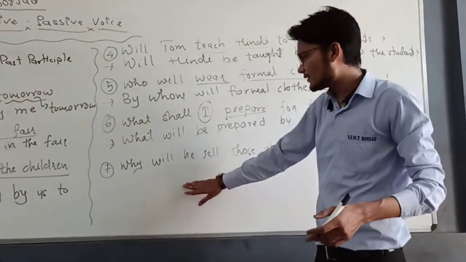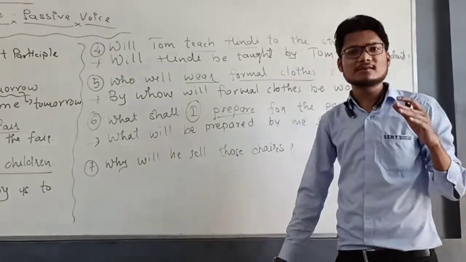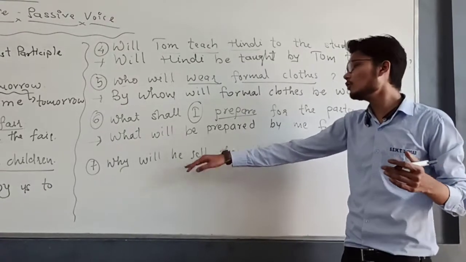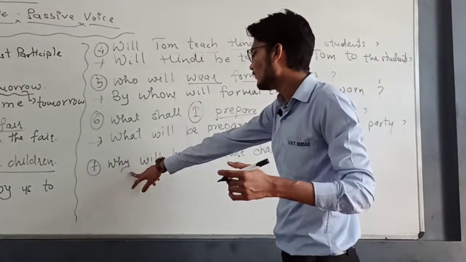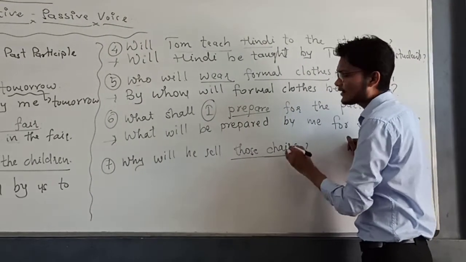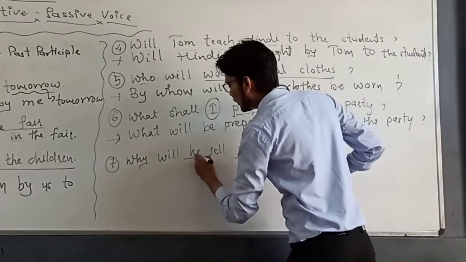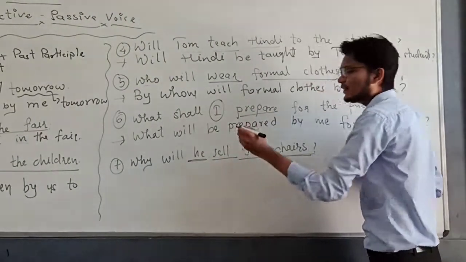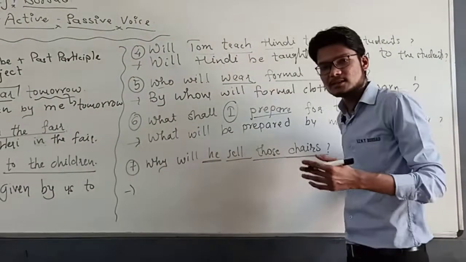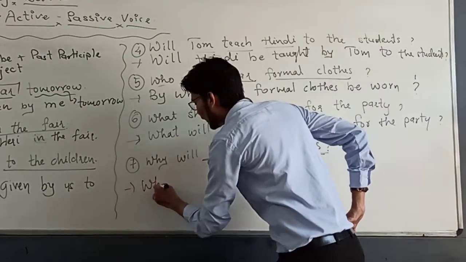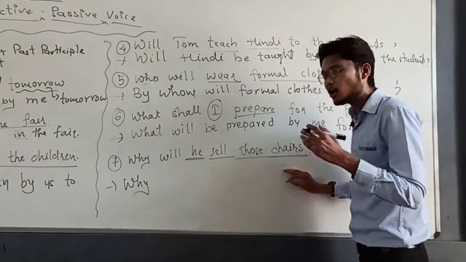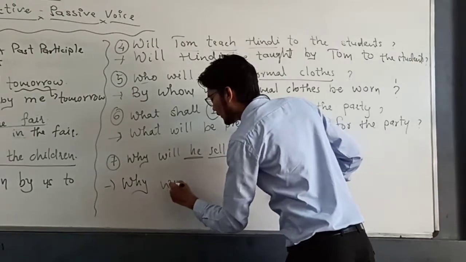Now let us take one more example. If your question is starting with why, what, when, how, the same rules apply. Let us take one example: Why will he sell those chairs? Here, those chairs is your object, he is your subject, and sell is your verb. In the very beginning, add "why". Then put your object, but before that add "will".